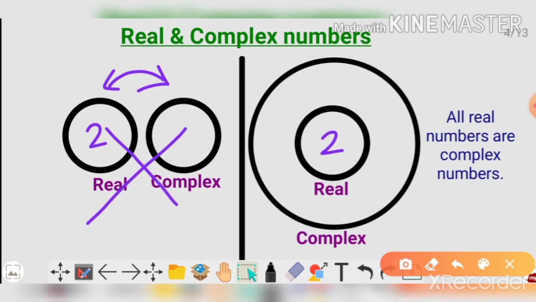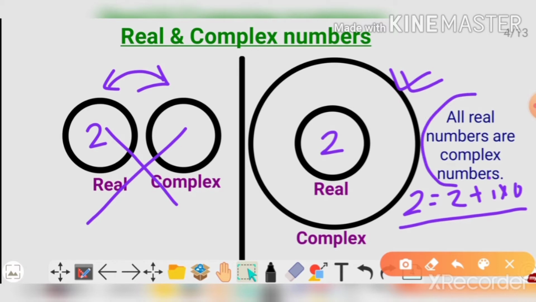Because if I write 2, then by the previous expression of a complex number, I can write 2 plus i into 0. So here 2 is a real number as well as a complex number. So this is actually the right expression of the set of real and complex numbers. So all the real numbers are complex numbers. Okay. So actually the real number set is a subset of complex numbers.